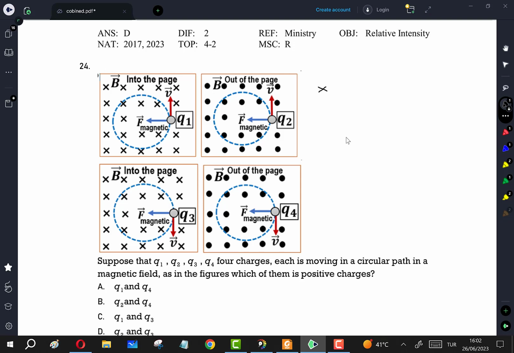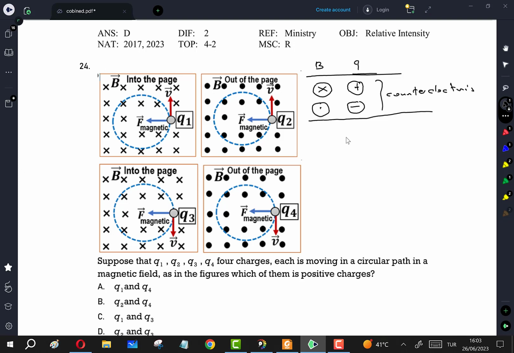If I make a table of magnetic field and charge type: magnetic field cross and charge positive, or magnetic field dot and charge negative, they are similar. They produce counterclockwise circulation.